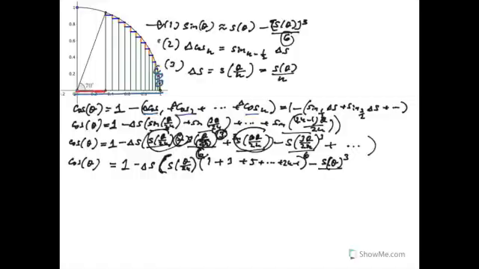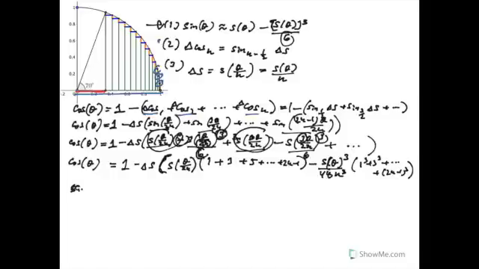So we end up with 2 cubed is 8 times 6 is 48 n cubed. And inside the parentheses, here there was a 1, here there was a 3, but it got cubed. So we end up with 1 cubed plus 3 cubed, all the way up to 2n minus 1 cubed.